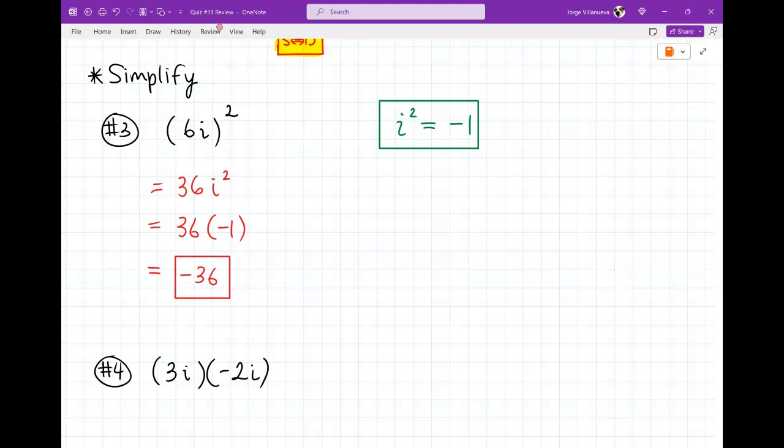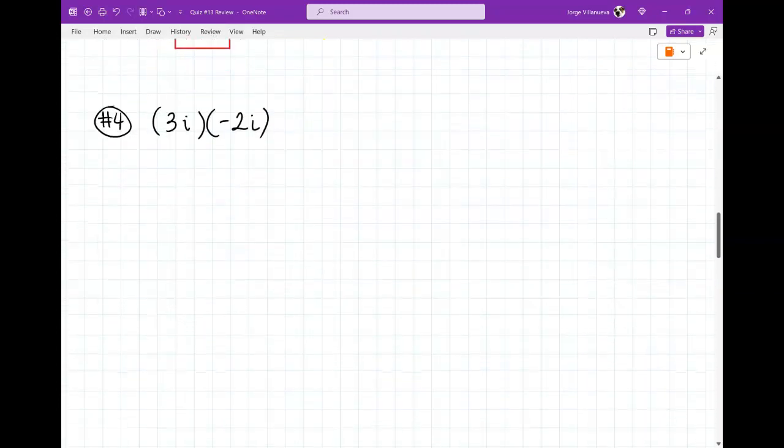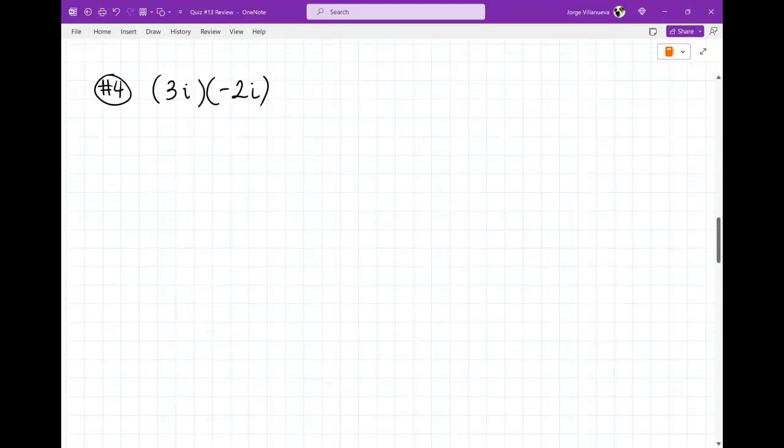So there'll be questions like that. Look at question number 4. 3i times -2i. So we're going to multiply 3 times -2. That's -6.